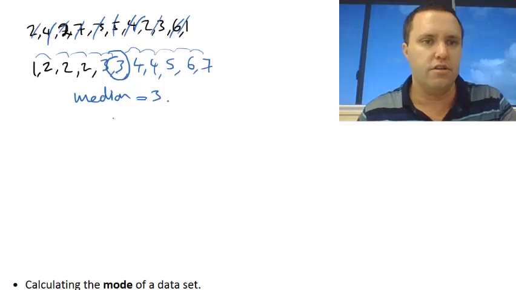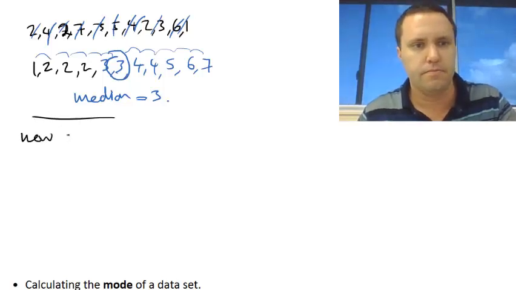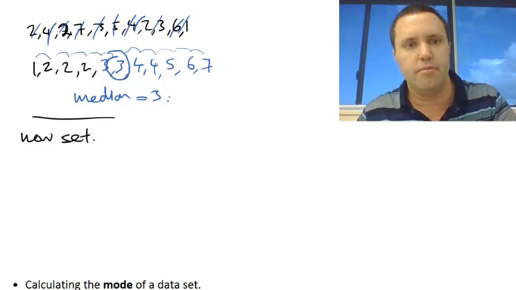Right, now, let's just quickly show, because the video is running a little long, what if it was even? So, a new data set. I should say the median is 3 kittens.